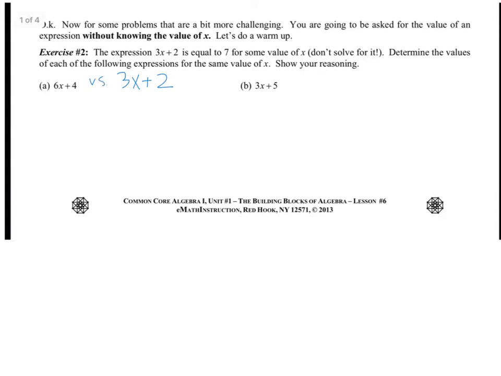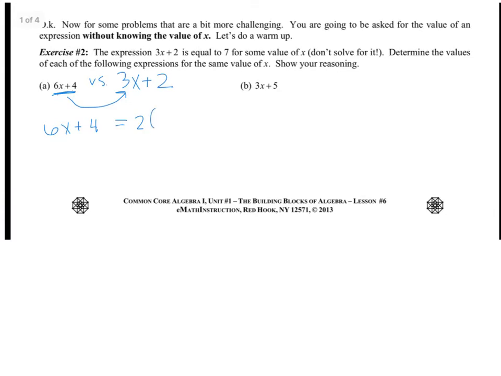versus 6x plus 4. So we need to know, what does this become if we know that that is equal to 7? So 6x plus 4 is equal to, let's say, 2 times, because you'll notice 6 divided by 2 is 3, and 4 divided by 2 is 2.